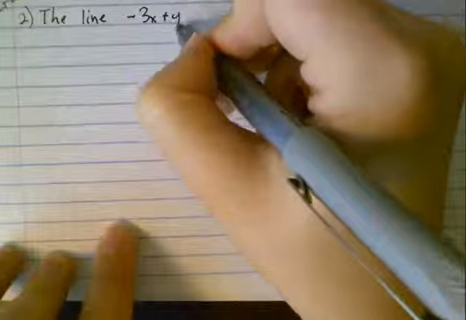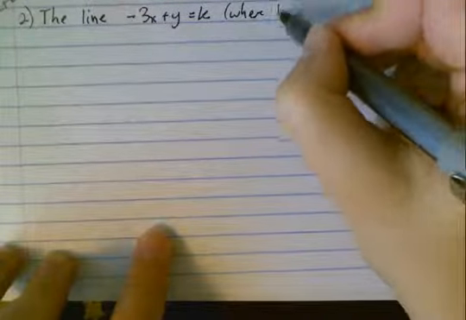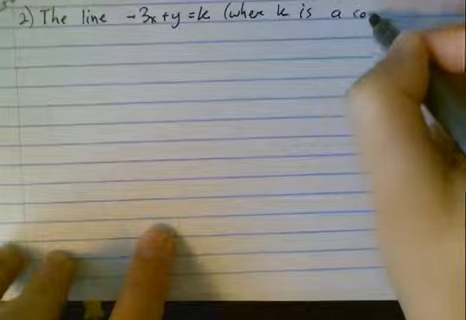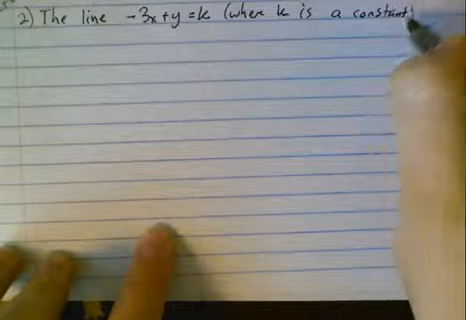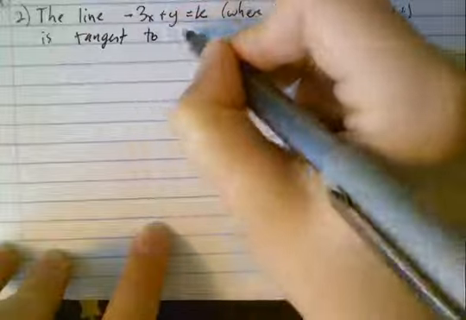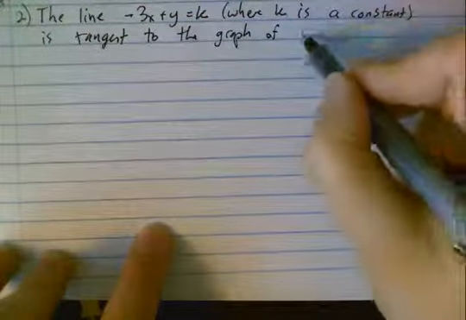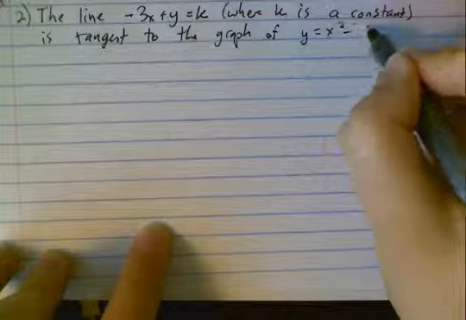Let's do a check for understanding problem on that one. Let's say the line negative 3x plus y equals k, again where k is a constant, is tangent to the graph of y equals x squared minus 5x.